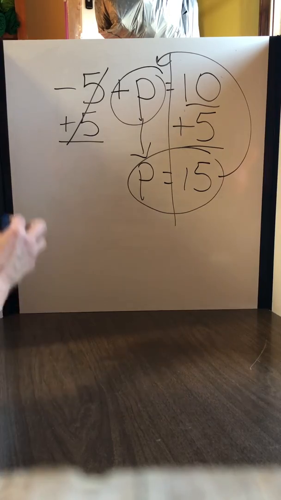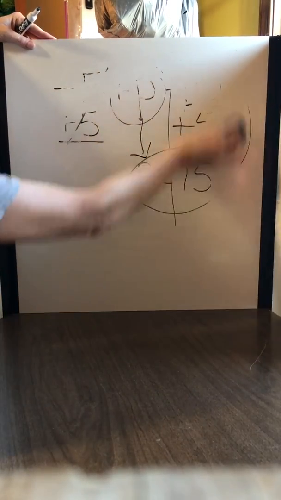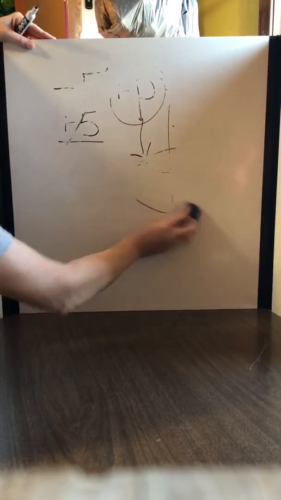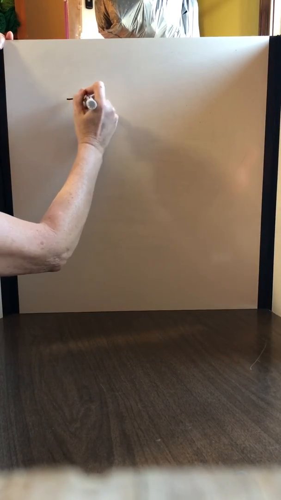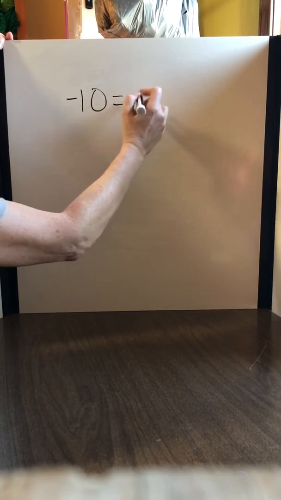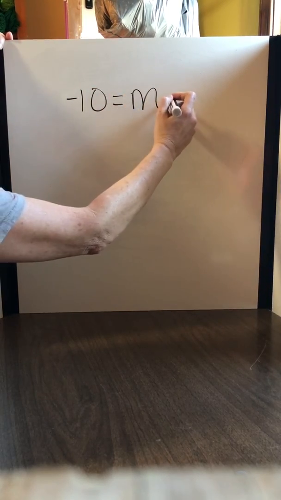So let's try one more. And let's see, maybe you have something like this. A negative 10 equals m minus 2.